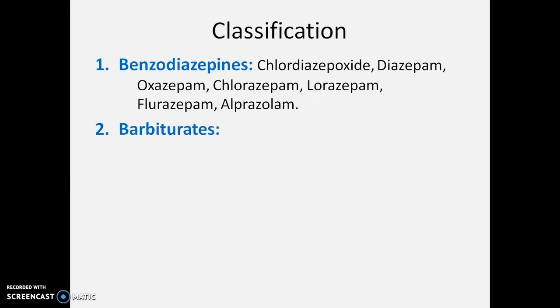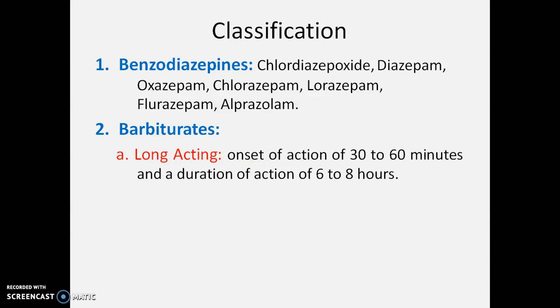The second class is barbiturates, which is further classified into four subclasses based on their duration of action and onset of action. The first class is long-acting agents, whose onset of action is 30 to 60 minutes and duration of action is 6 to 8 hours.